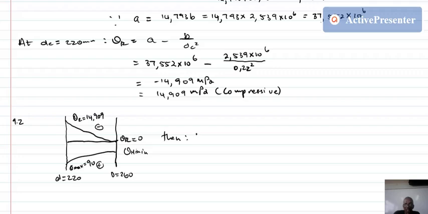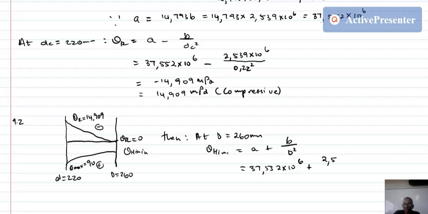Then I can say that at D, which is 260 millimeters, my hoop stress minimum is A plus B over D squared according to Lamé's equation. My A is 37,552 × 10^6 plus the B, which is 2,539 × 10^6, everything divided by 0.26 all squared.